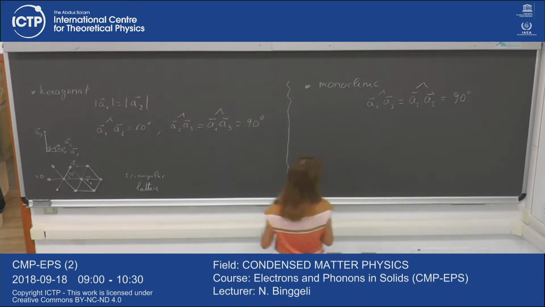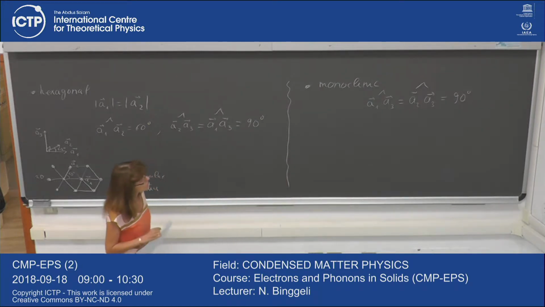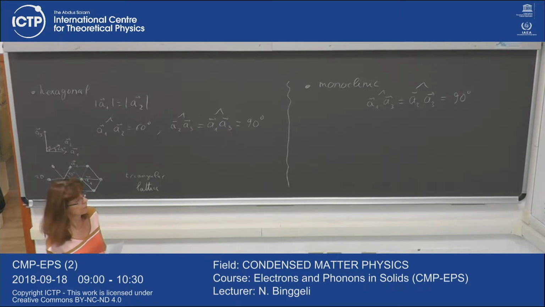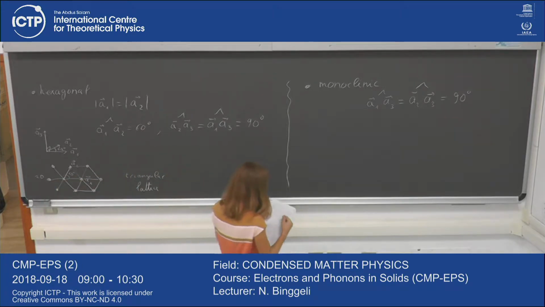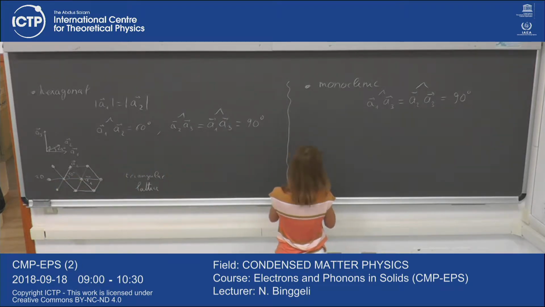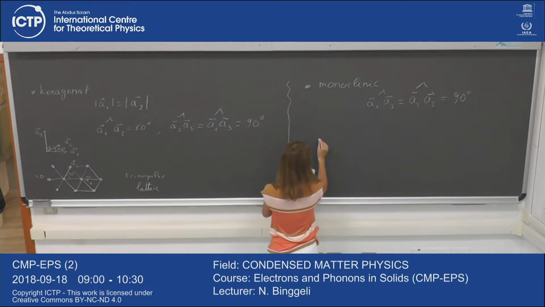So one has just the third vector perpendicular to the other two vectors in the monoclinic lattice.